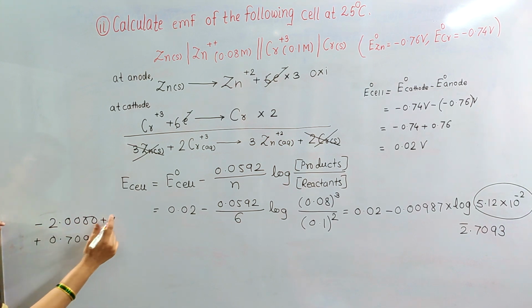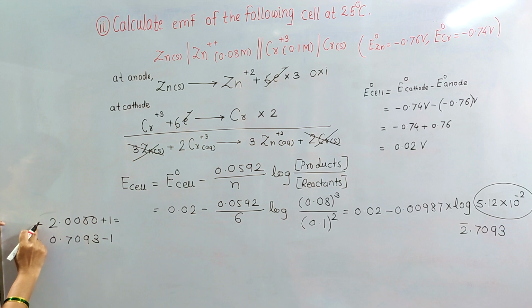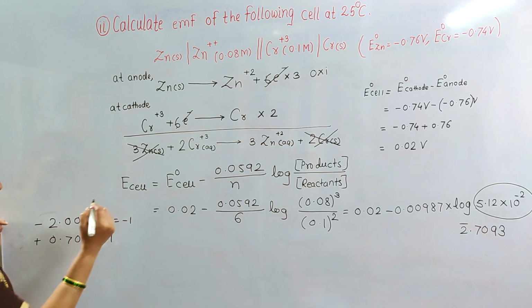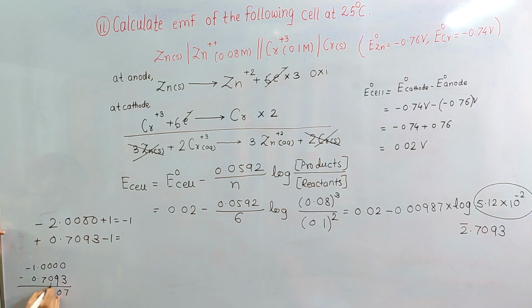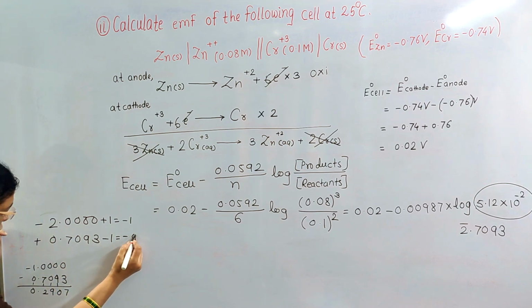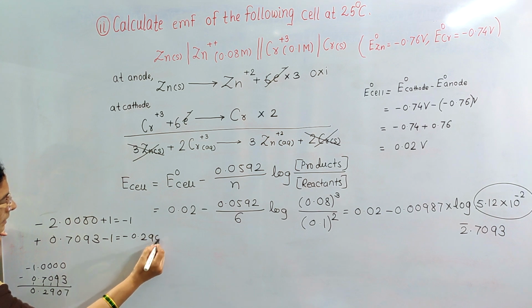When you add plus 1 here, this will be plus 1 minus 2, it will be minus 1, and minus 1 minus this value, that is minus 1 minus 0.7093, so it will be minus 0.2907.